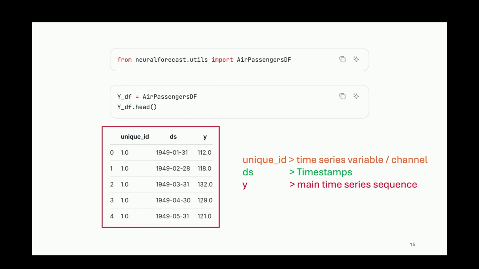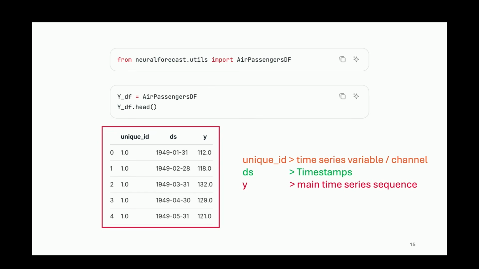It takes a pandas data frame, and the 3 columns are the unique ID, the DS column, and Y. The unique ID is important when we want to do multivariate forecasting, because there we want to predict multiple time series, so the unique ID helps us distinguish between the time series data. Of course, there is a DS column, which is the timestamp, and we have our target variable Y, which is the number of air passengers, and this is monthly data.